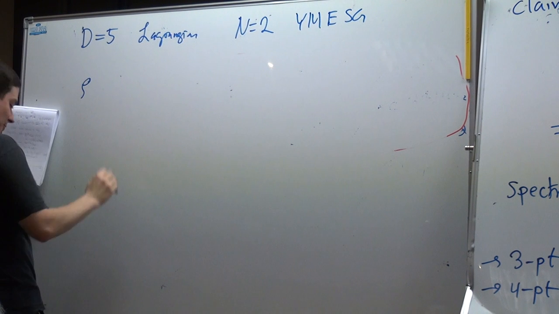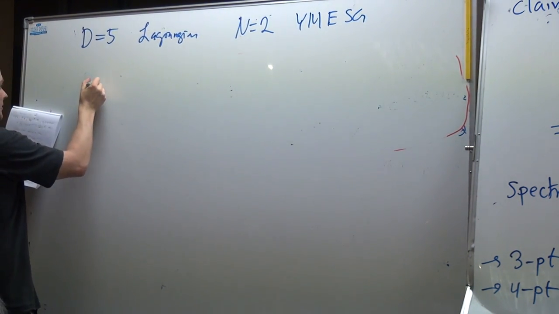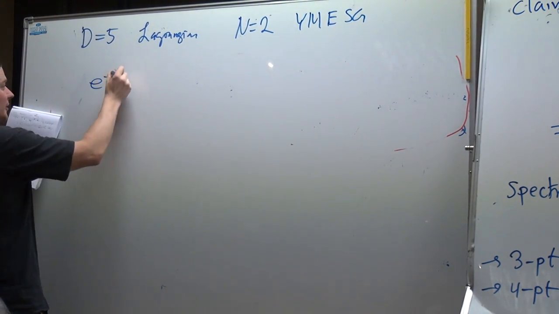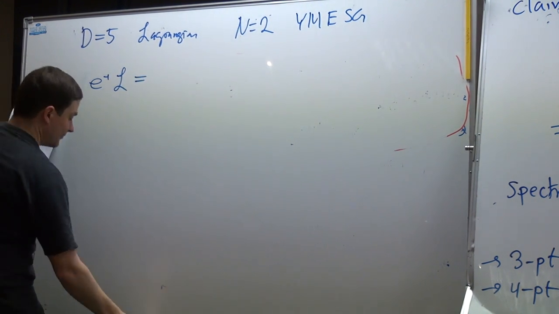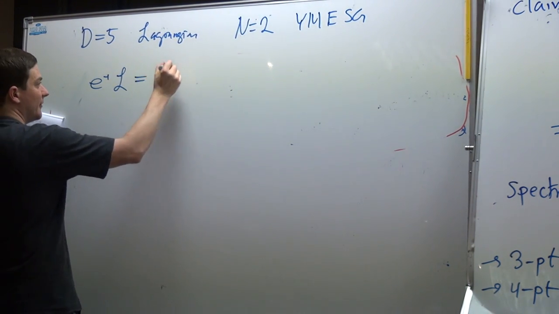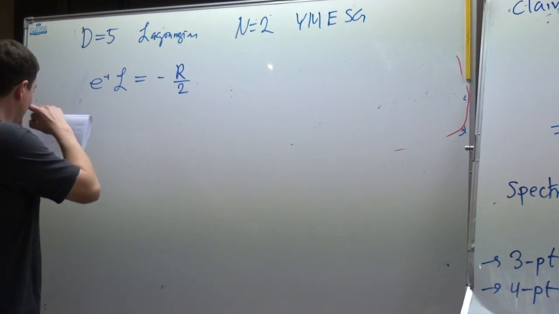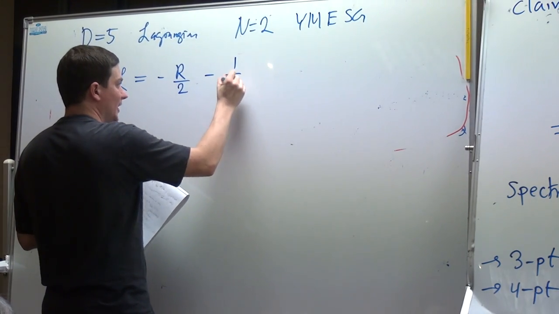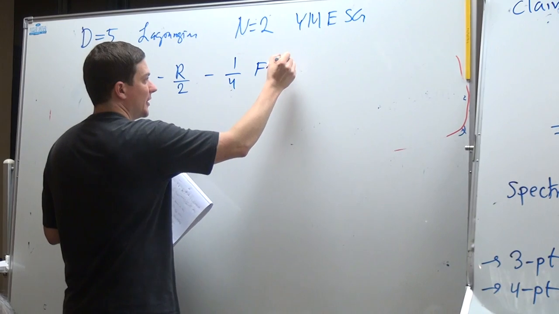So we have this determinant of the vielbein again, and then we have the Einstein-Hilbert term. Couplings are suppressed here. And then, again, we have the F mu nu squared.